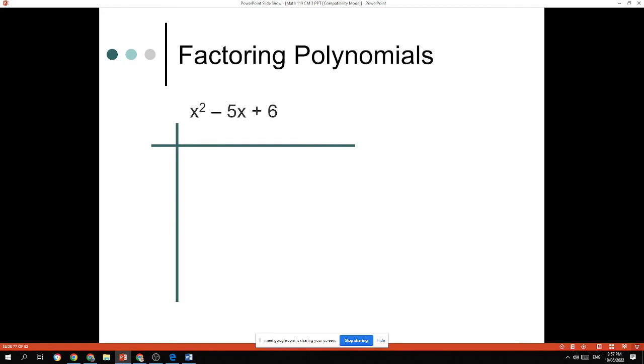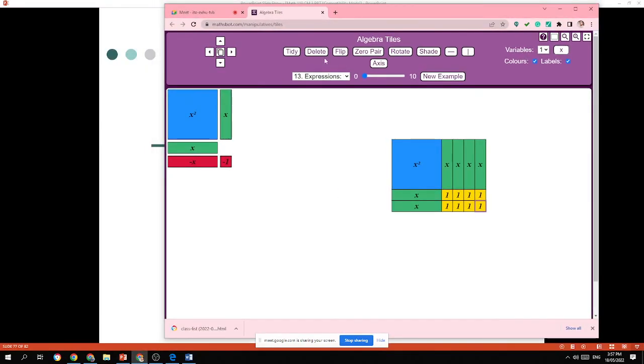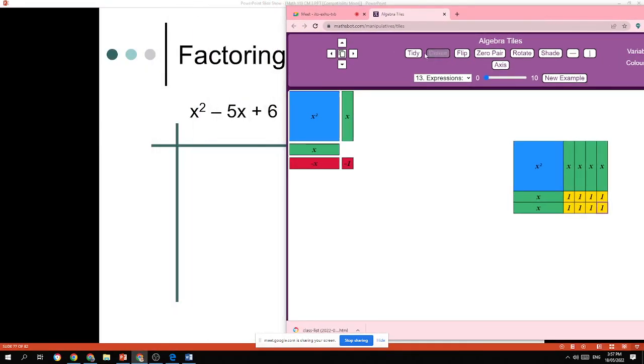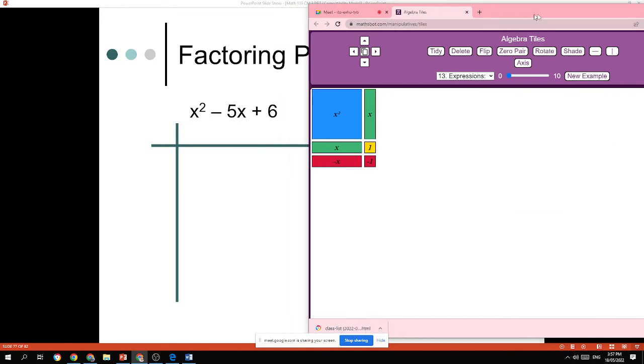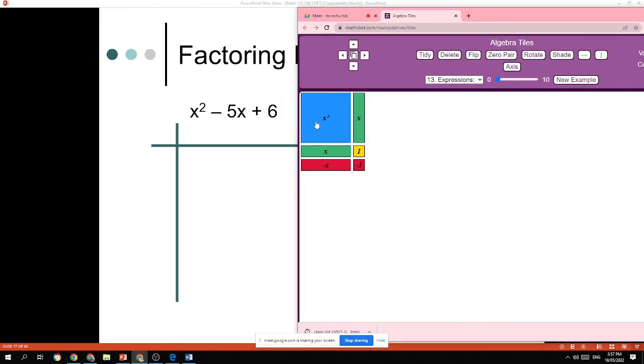I'm gonna give you another example. X minus 5 plus 6. Let's make use of this one. Let me first tidy. Pila ka buok, isa ka blue. Negative 5x.